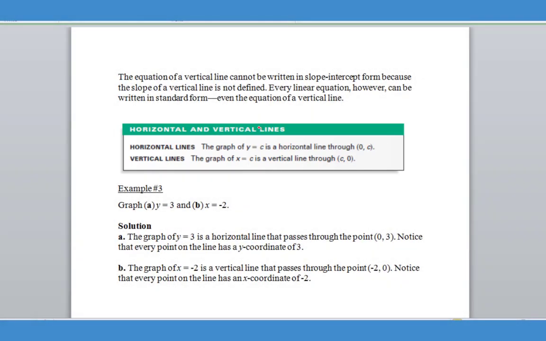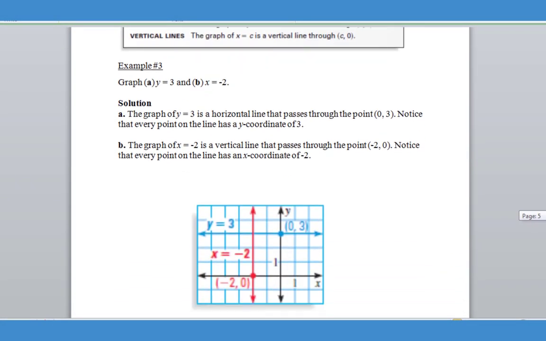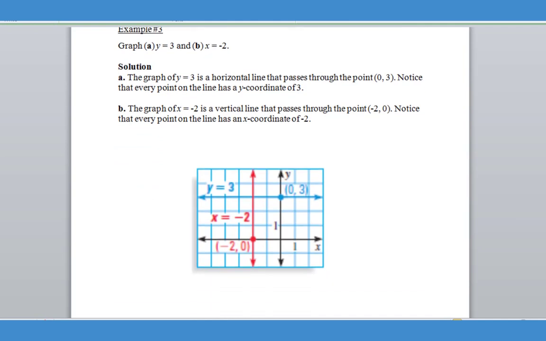So let me show you through this example down here of why that works. If we look at part A, y equals to 3. And you can see y equals to 3 clearly right through here. Now, what's so important about this is that every value, if I were to plot these points on y equals to 3, and I'm just going to randomly put a bunch of points on there, this is going to be -1, 3.